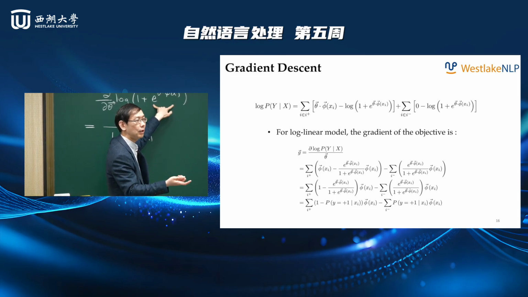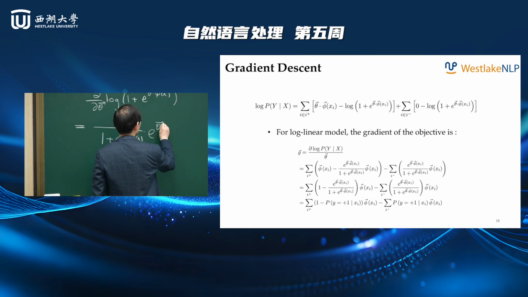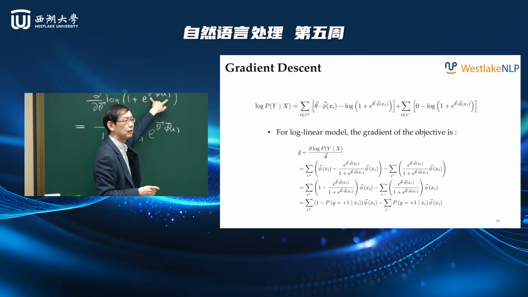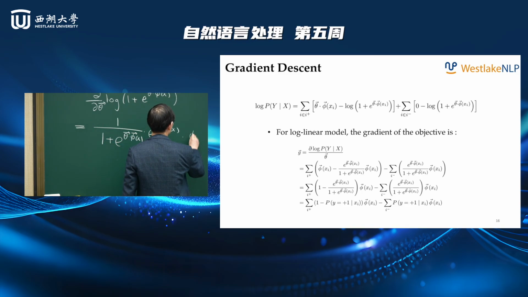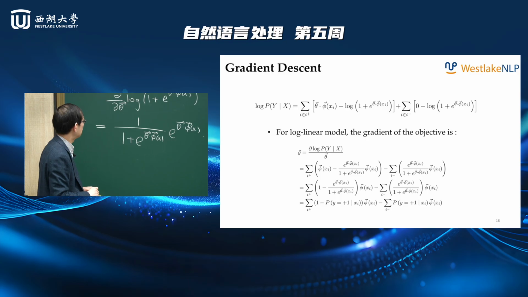E to the power with respect to theta is equal to e to the power of this thing itself, times this thing with respect to theta. And this thing, if I take the derivative, it will become phi x. All right? So that's the process for the difficult part.